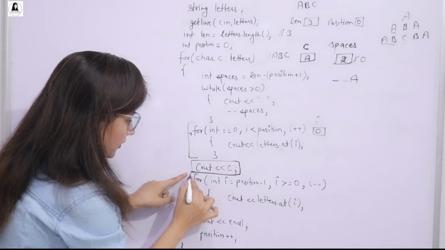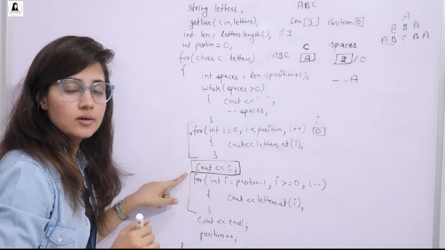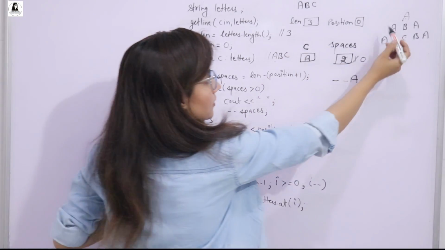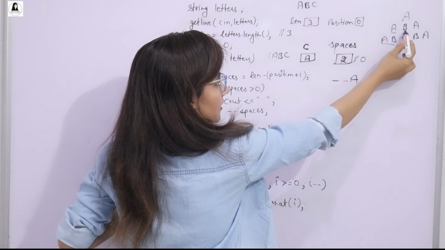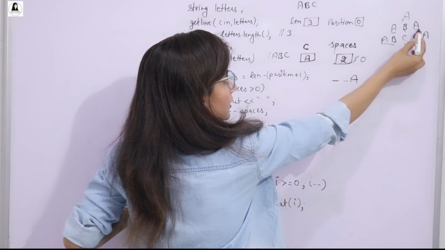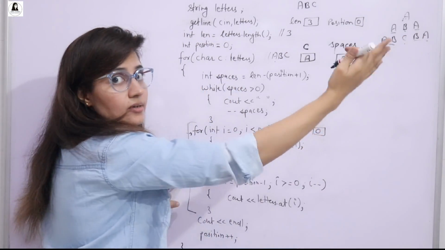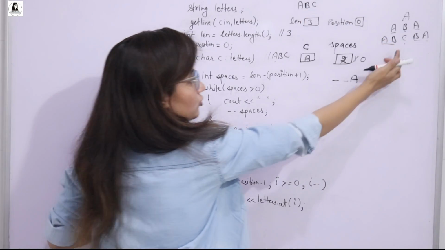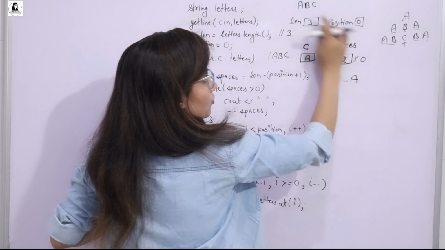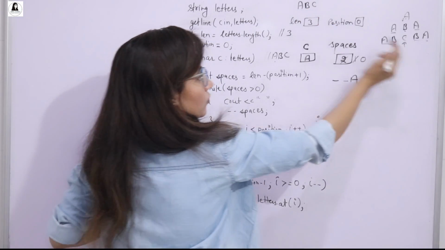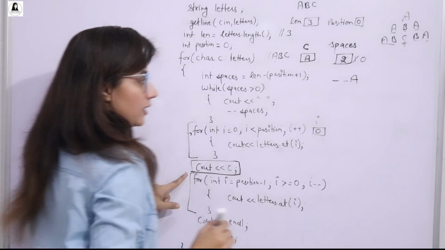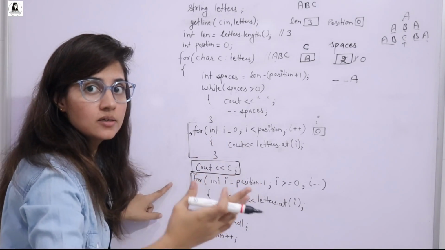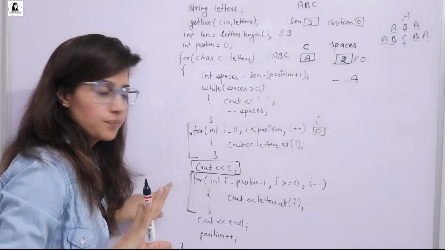Now this for loop is to print whatever is there after the current letter, in reverse order. Suppose the current character is C. So before C we have AB. So we will print AB in reverse order, BA. So this loop is for that, to print the remaining characters in reverse order, right?